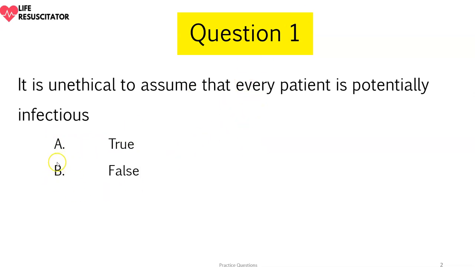If it is B, which is false, then you indicate the letter that matches your choice. Do you think it is unethical to assume that every patient is potentially infectious? Okay, so let's go to question number 2.